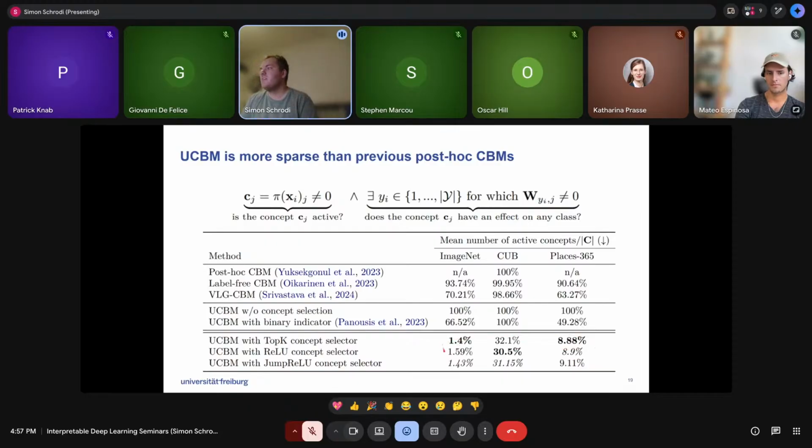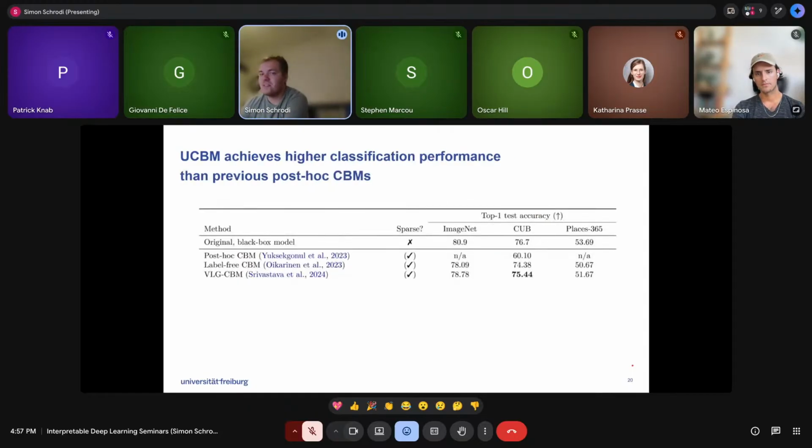So what we see here is that these concept selections actually have quite a big effect on the predictions. But now you could assume, okay, maybe we lost all the performance, right? I mean, if for each input we cancel almost all the concepts out, you would expect bad performance. Turns out this is not the case. Here again we see previous work and the original black box model as a reference.